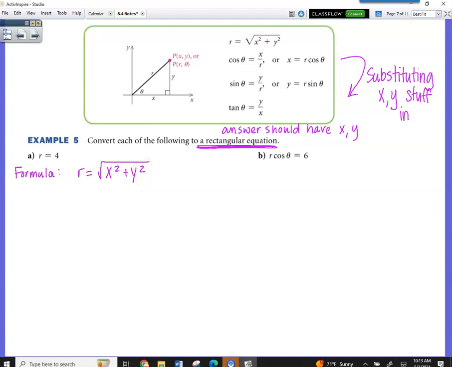So we're going to write that formula. Now where there's an r, I'm going to write the square root of x squared plus y squared equals 4.